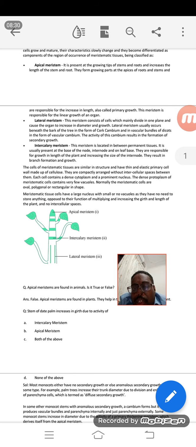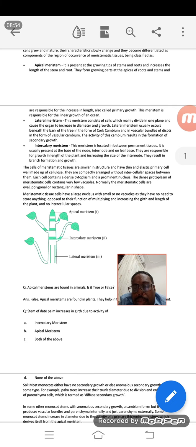And if it is present in the tip of a root, it is known as the root apical meristematic tissue. The main function of this apical meristematic tissue is that it helps the plant to increase in height lengthwise, and in the root also it can grow very deep.